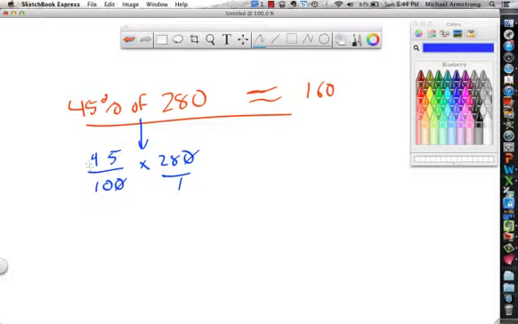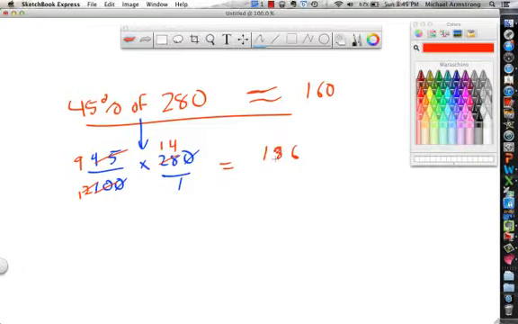Divide by 2. 45 over 10 doesn't divide by 2, so we divide by 5. That's the same as 9 halves. And 28 halves is the same as 14 ones. And 9 times 14 is, well, 10 times 14 is 140.